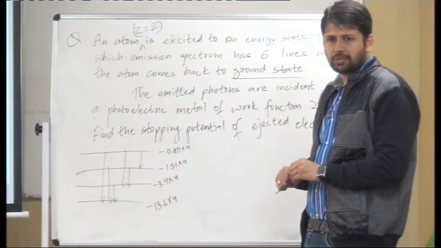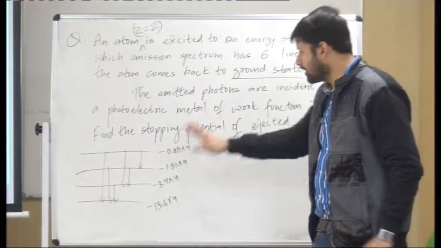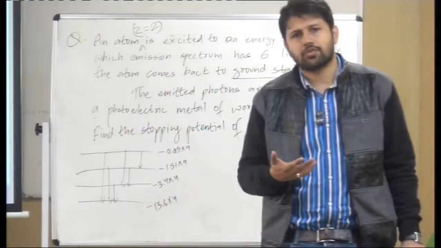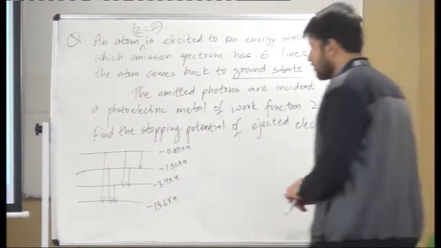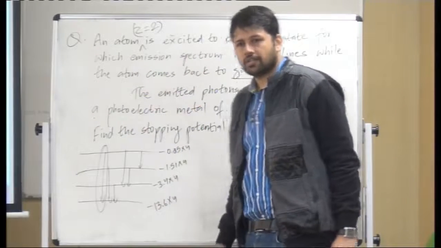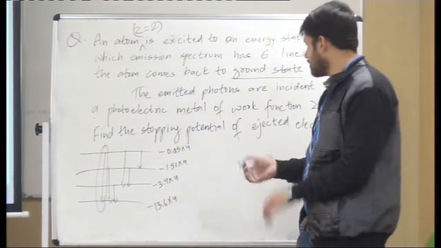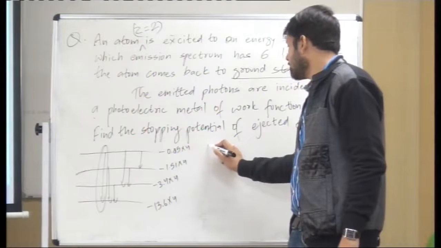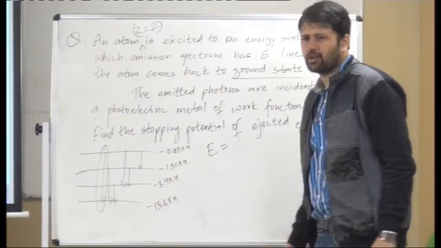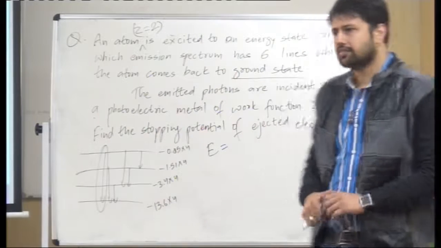Which transition releases a photon of maximum energy? The maximum energy photon is released in this case, so the energy of the photon would be how much? Difference of these two levels. How much?